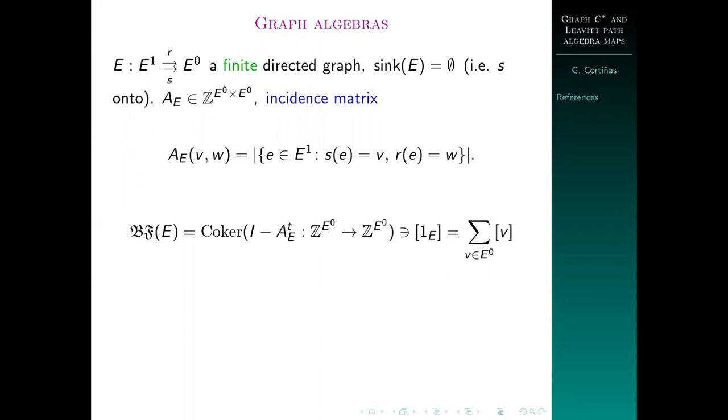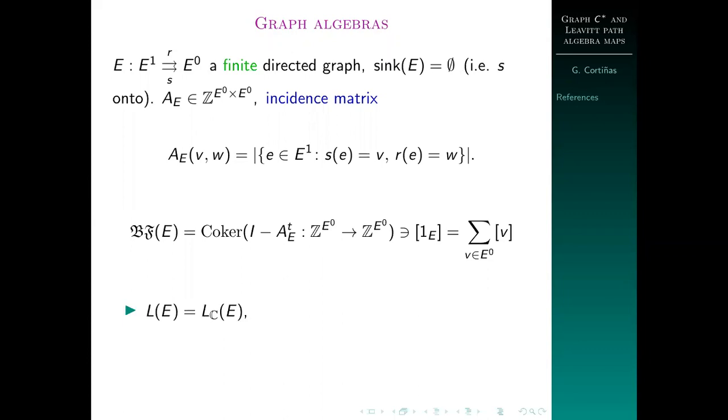The member of the canonical basis of this free abelian group corresponding to the vertex V, I call simply V. And then I consider a distinguished element in the Bowen-Franks group, which I call 1 sub E, given by the sum of the classes of each of the vertices.